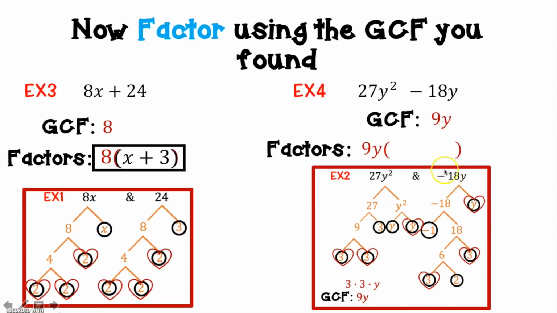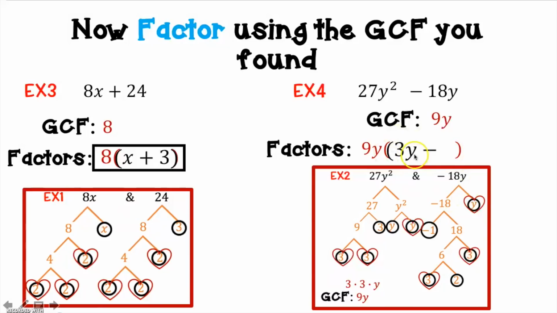Now, you'll notice I did it as negative 18y, and that's because we had a minus sign in the middle. Right here, 9y times what gets you 27y squared? Well, 9 times 3 gets you 27, and y times y gets you y squared.